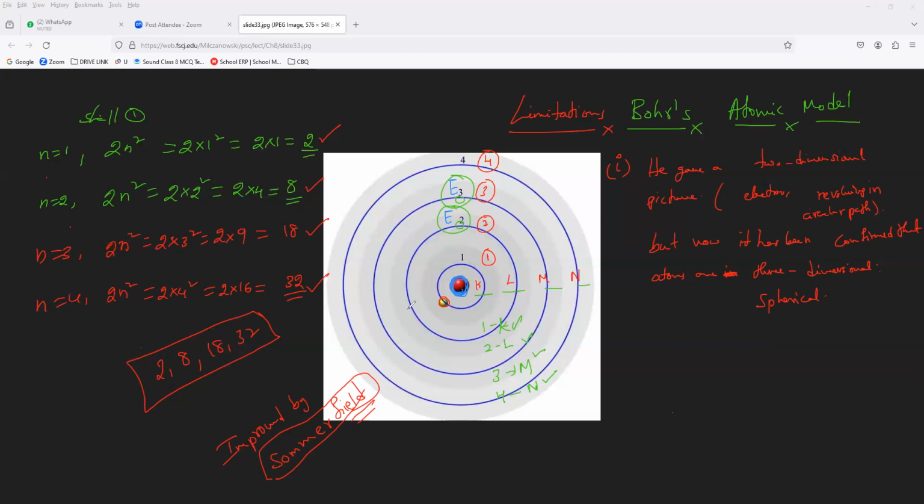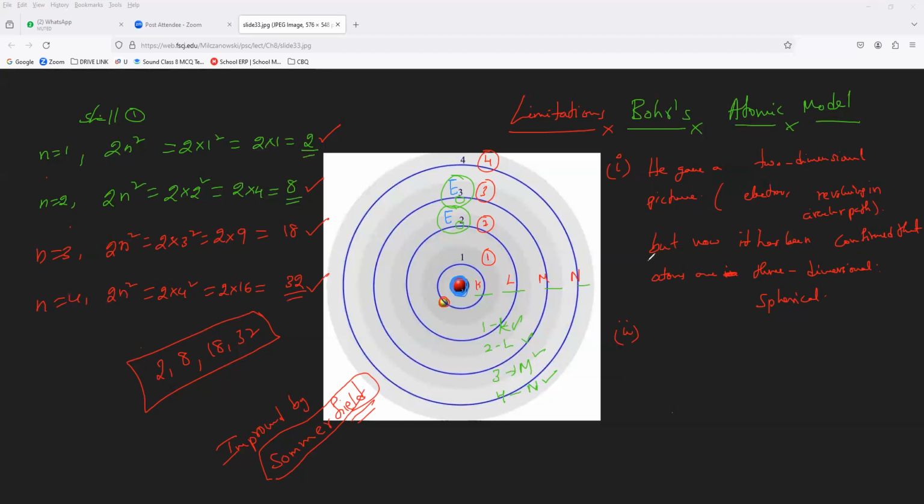Second one. He did not have any idea about the shape of the molecule by that time. So he never talked anywhere about shape. Yes, this will be spherical, this will be circular. He never spoke anywhere about it because he did not have any idea about it. That's the reason. Okay, everybody.